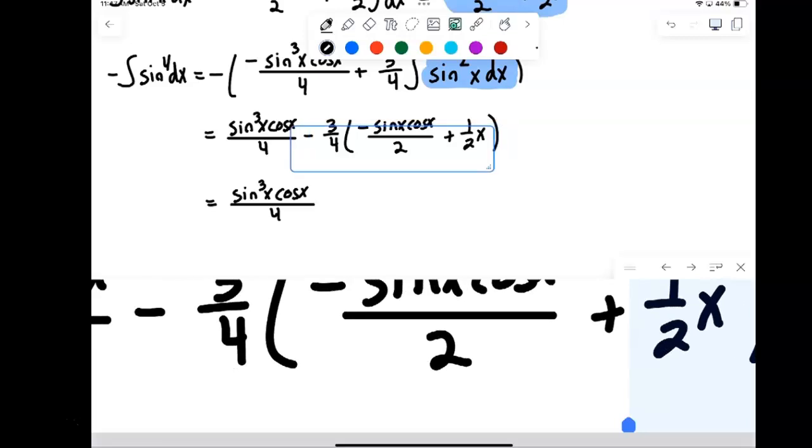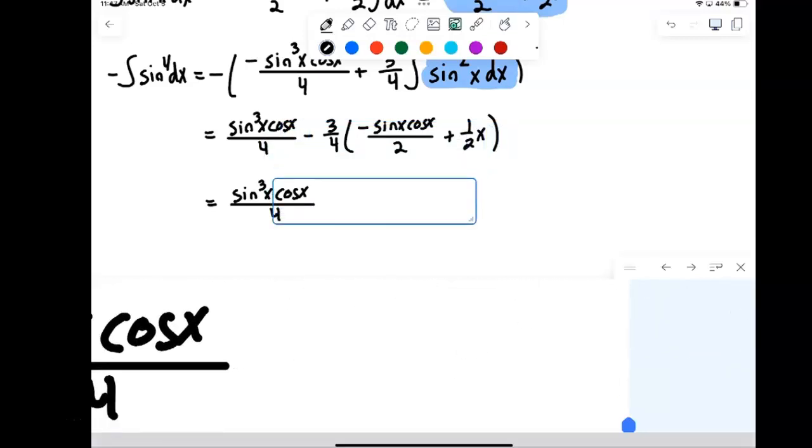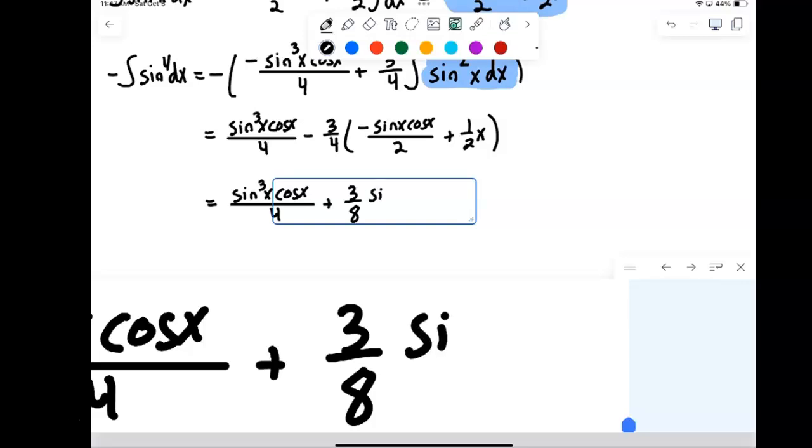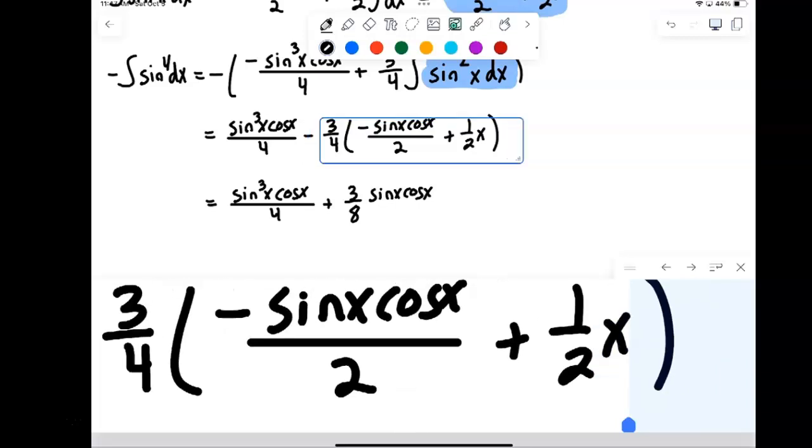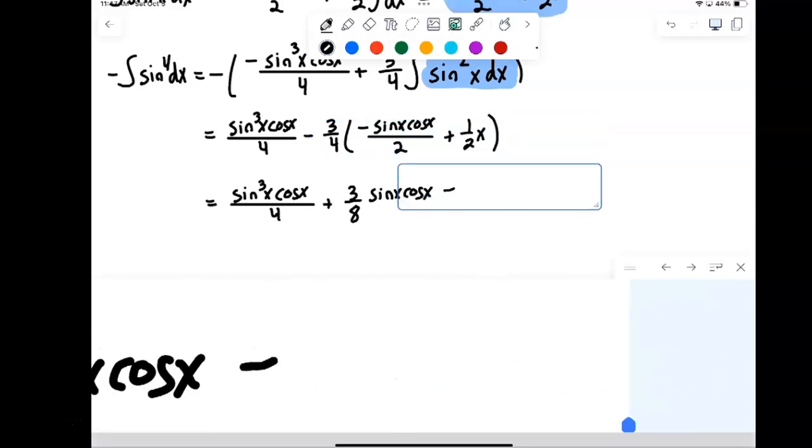Minus 3/4 times that will actually be plus 3/8 sine x cosine x. And then minus 3/4 times 1/2 will be minus 3/8 x. Okay, that's sine to the fourth.